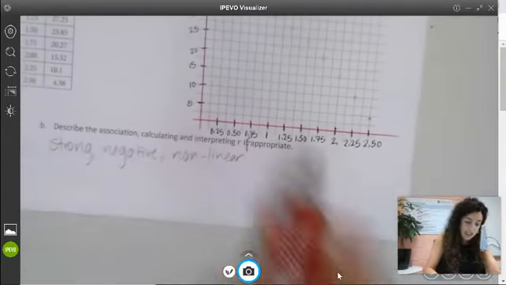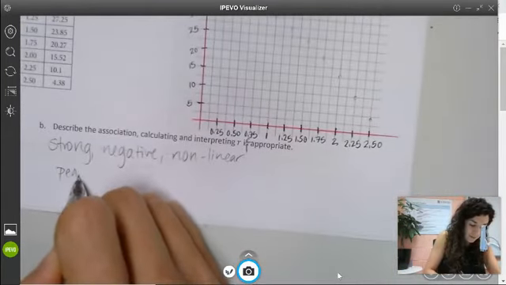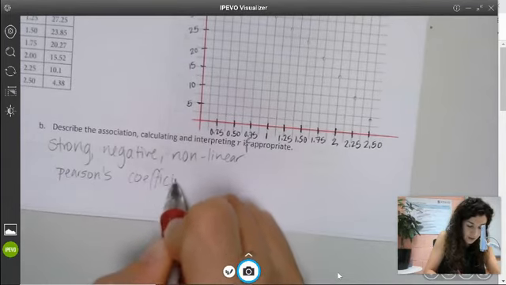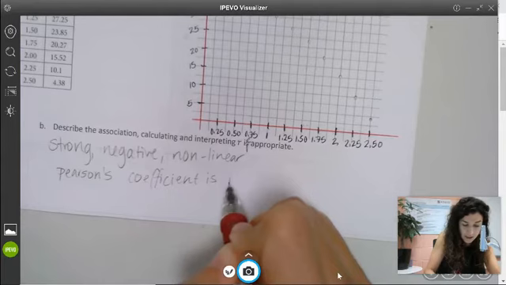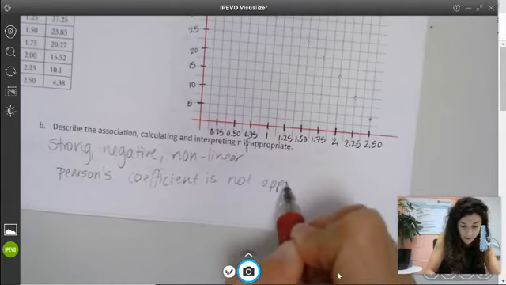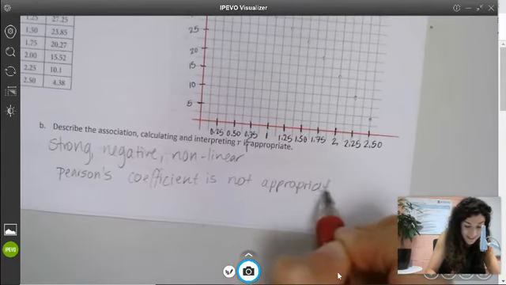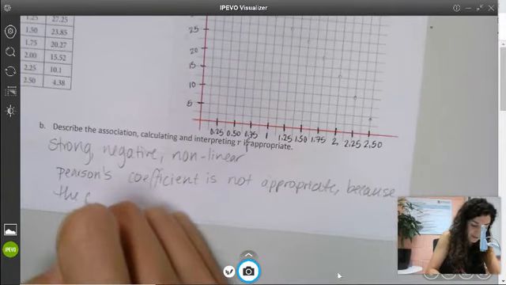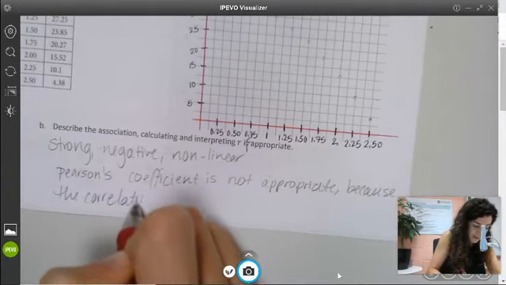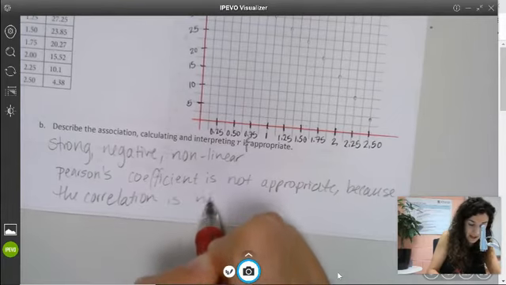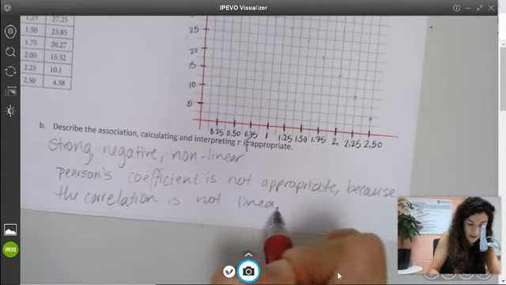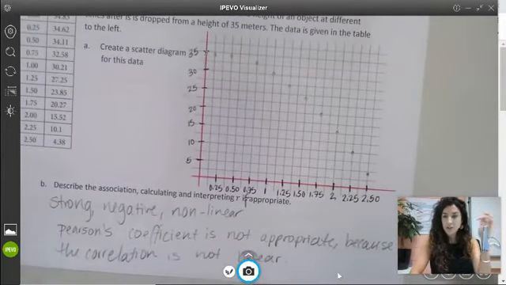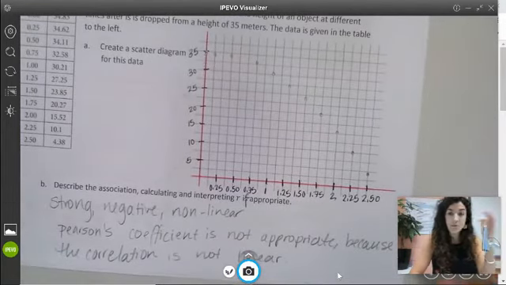R is not appropriate in this case, so Pearson's coefficient is not appropriate because the correlation is not linear.